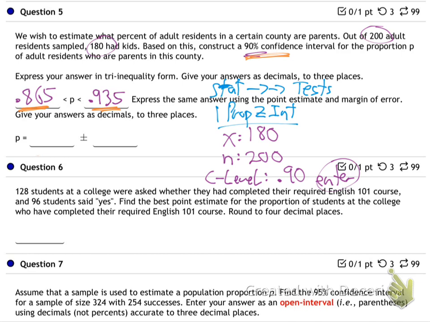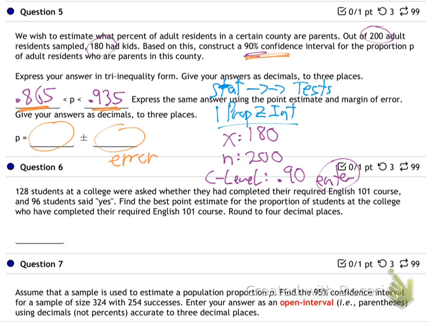But they surveyed 200 adults and found that 180 had kids. And so they said, we're 90% sure that the real percentage of adults that have kids in the county is somewhere between 86% and 94%. So now can we make that as a percentage give or take error statement? Same truth, said another way.